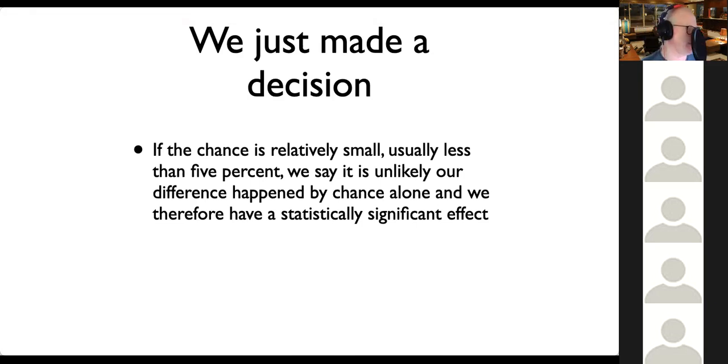And so we therefore say we have a statistically significant effect. Okay. So we've just made that decision right there. Why is it 5%? Well, we'll go into technically why it is 5%, but if I was to flip a coin 10 times and I was counting heads and tails.